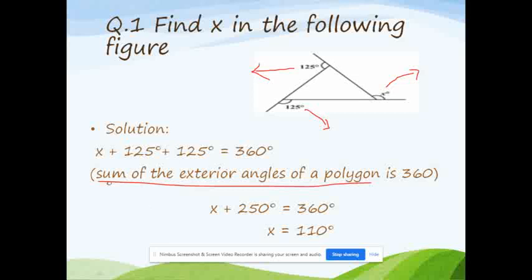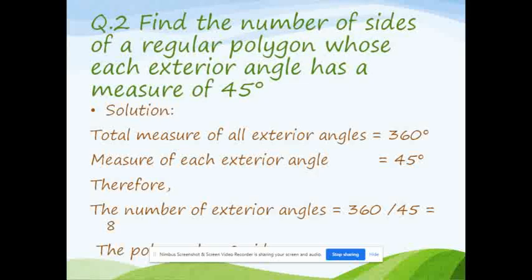We know 125 added to 125 gives 250 degrees. Taking 250 to the other side it becomes minus 250, and when we subtract 250 from 360 we get 110. Therefore the value of x is 110 degrees.